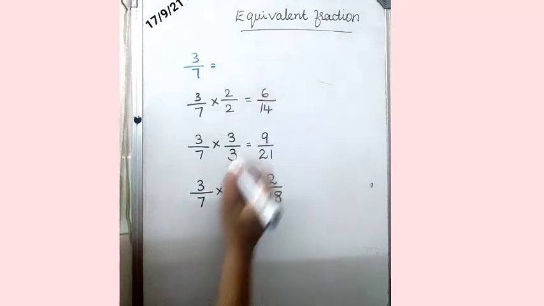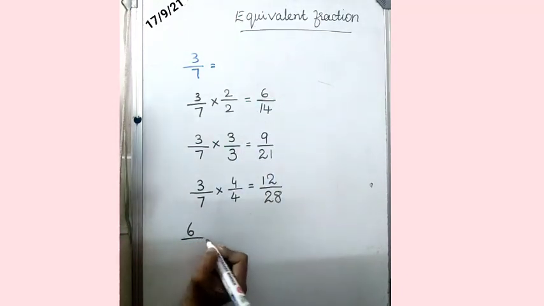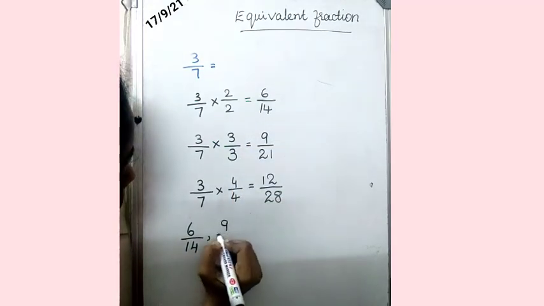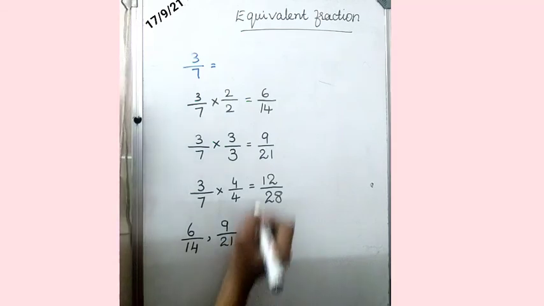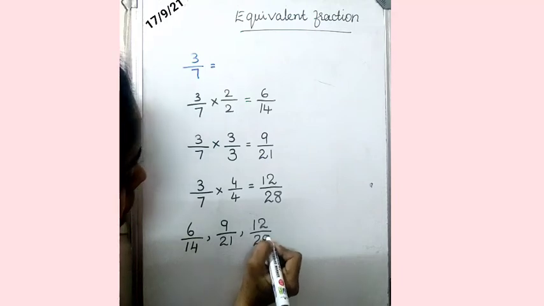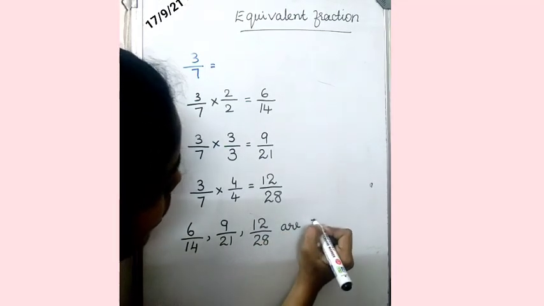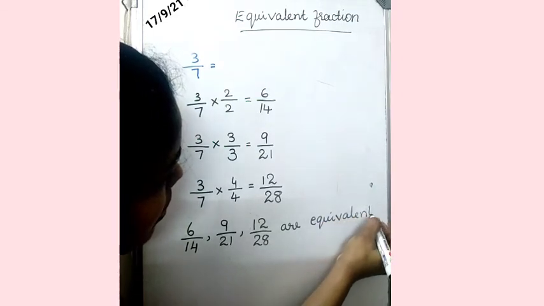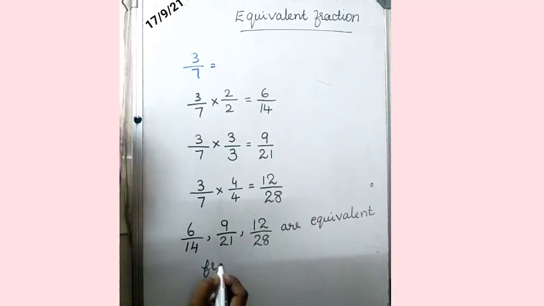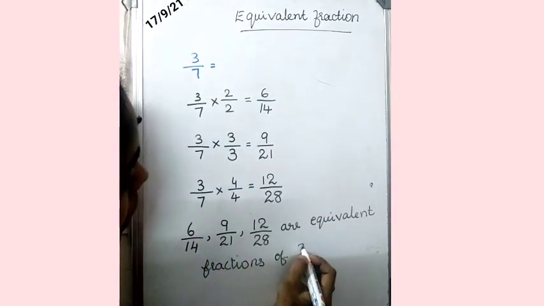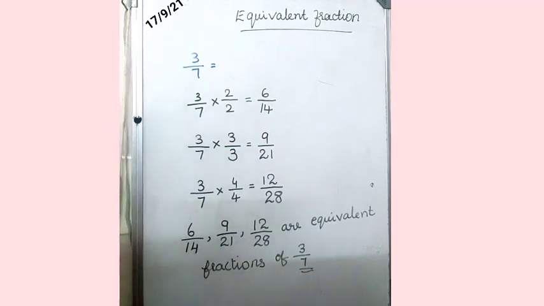Now write down 6 by 14, 9 by 21, 12 by 28 are equivalent fractions of which number? 3 by 7.